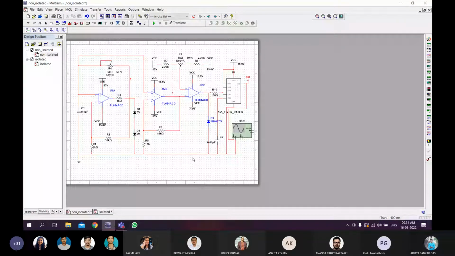If we change the value of R4, then what happens? Sir, it will increase. Which one will increase? The pulse width will be increased. Pulse width?